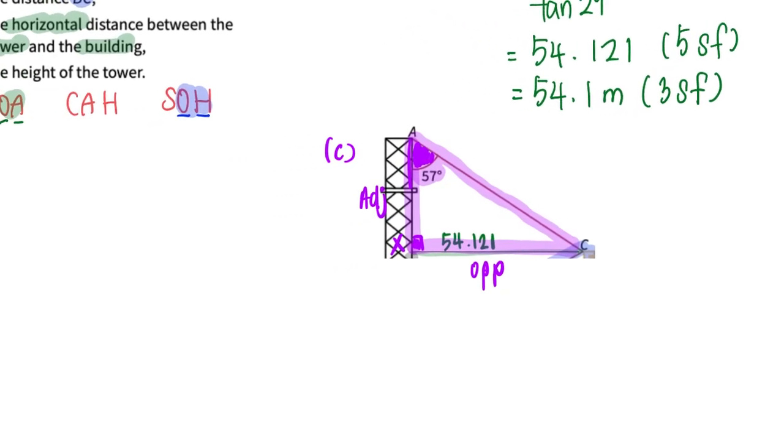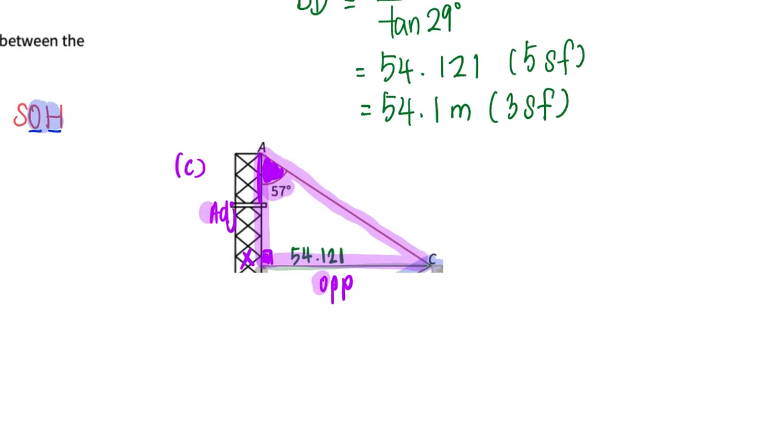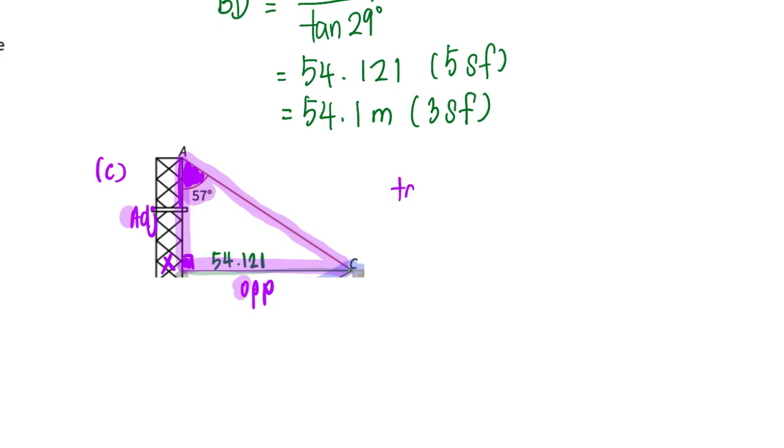So TOA CAH SOH, I have O and A. Again, I'm going to rely on my tangent. Tangent 57 degrees is equal to opposite, which is 54.121, divided by my AX.